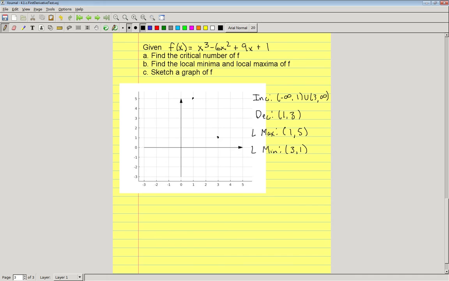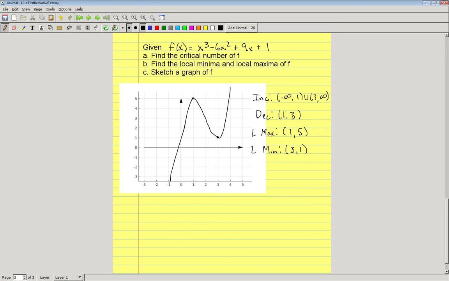We know that the function is decreasing on the interval from 1 to 3, so that we can sketch that part of the line. And we know that the function is increasing from negative infinity to 1, and we try to do our best to make it look like some polynomial function. And then down here, we know that the function is increasing on the interval from 3 to positive infinity, so we draw it increasing like that.